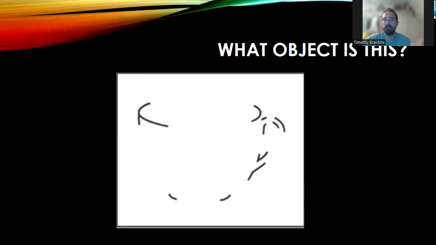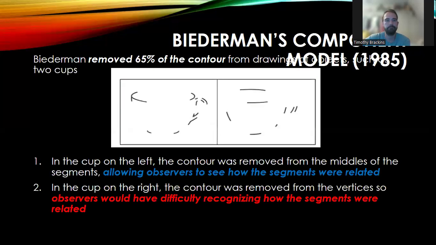Okay, so it's the same thing, we just have different parts of it visible. Is it easier to identify this image than the first one? It's likely that it is.